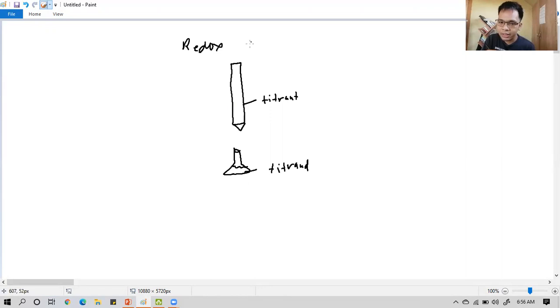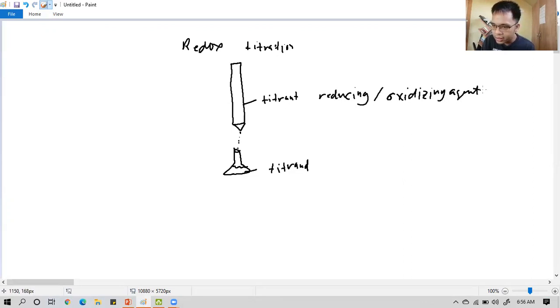But in redox titration, guys, di ba, sa ating neutralization titration, the titrand can be either an acid or a base. Basta importante, magkakaroon ng neutralization reaction. In the redox reaction, it's either the titrand is a reducing agent or an oxidizing agent.